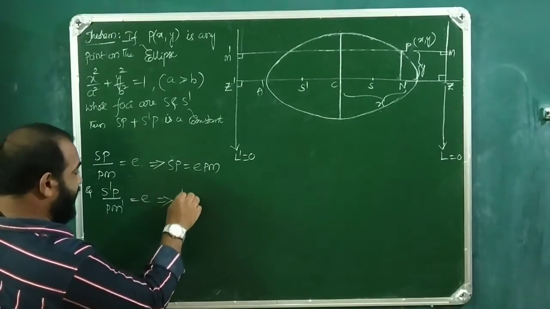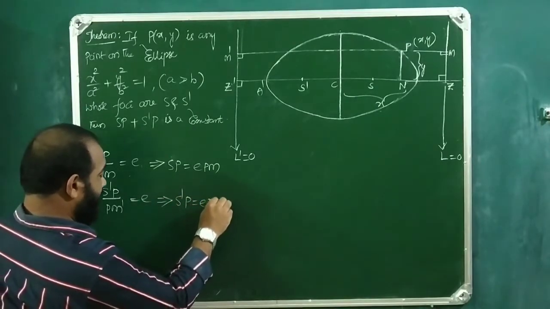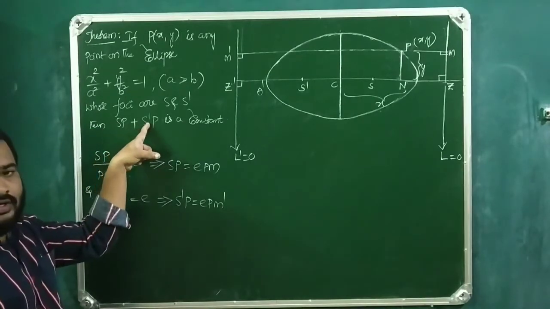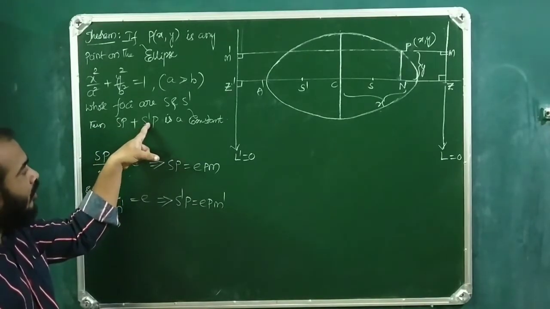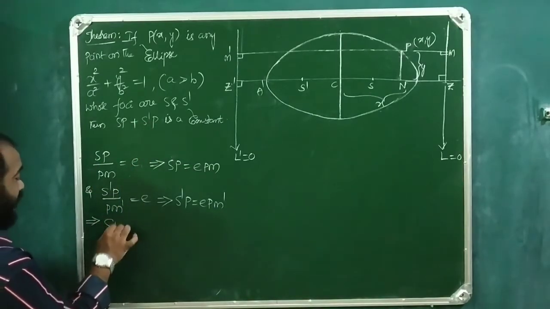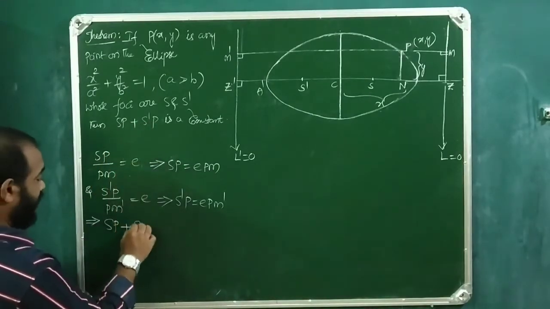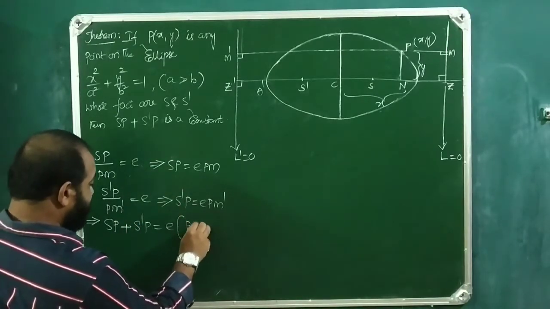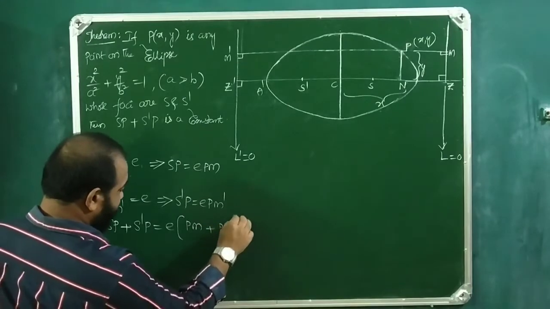So S dash P equals e PM dash. Now SP plus S dash P is what we have to obtain. This is SP plus S dash P equals e into PM plus PM dash.